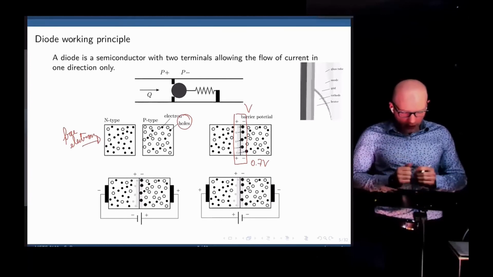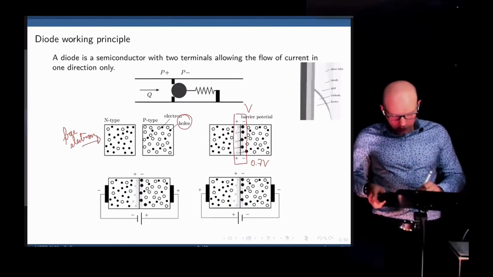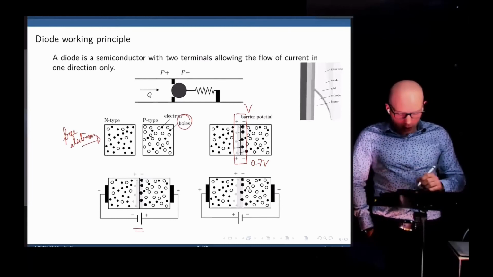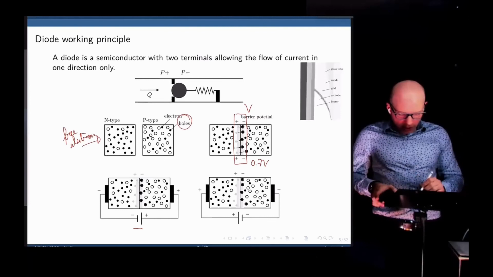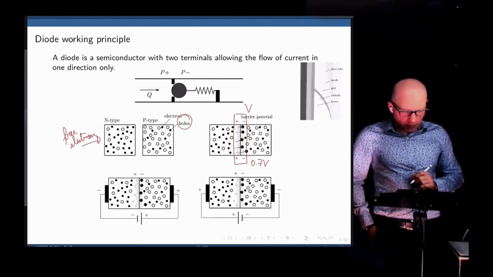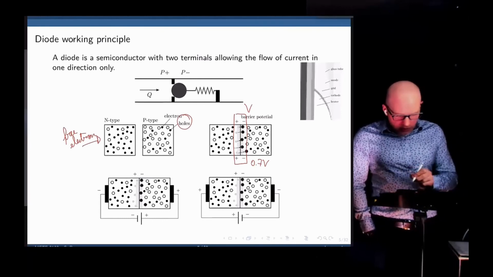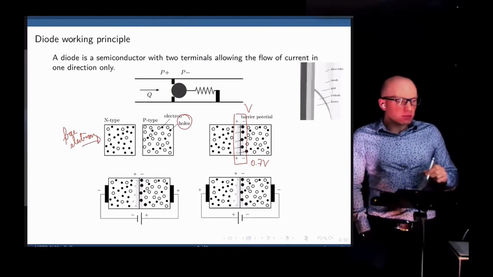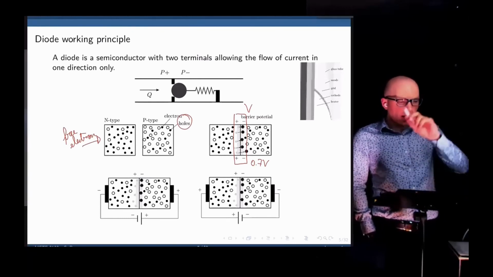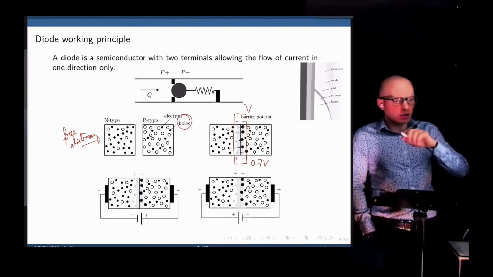Now we have a DC power supply that we're going to connect that way. The positive side is connected to the P side, the negative side is connected to the N side. Now we see that we created a circuit like a closed loop.